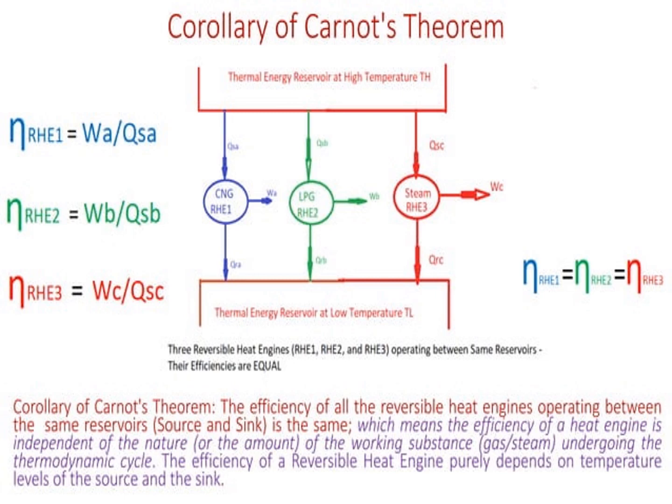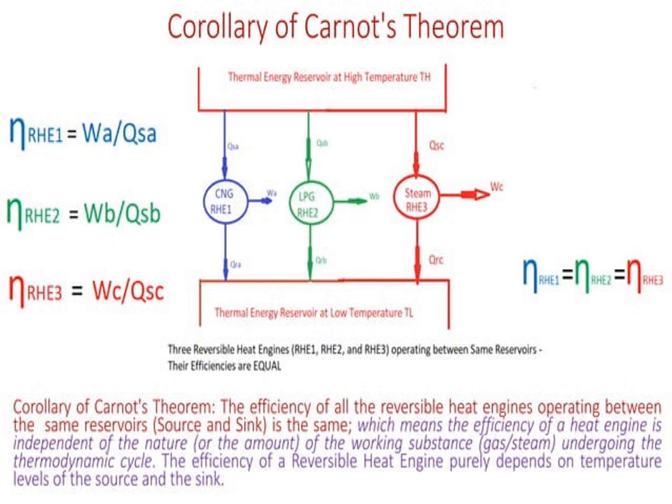Finally, the two theorems: the first theorem is that no heat engine operating in a cycle between two constant temperature reservoirs can be more efficient than a reversible engine working between the same reservoirs. This statement says that no other heat engine will be more efficient than a reversible engine. The second statement is that all reversible engines working between two constant temperature reservoirs have the same efficiency.